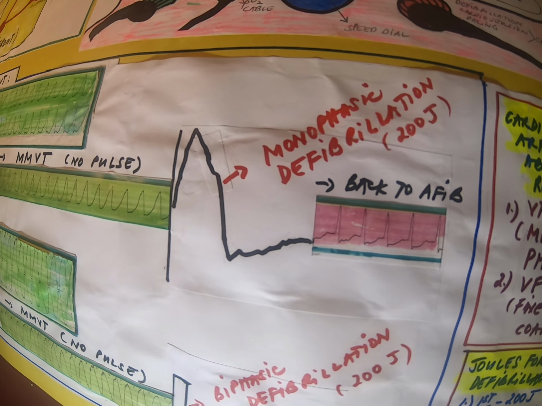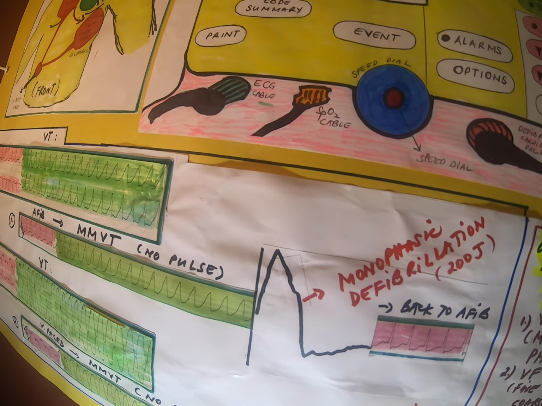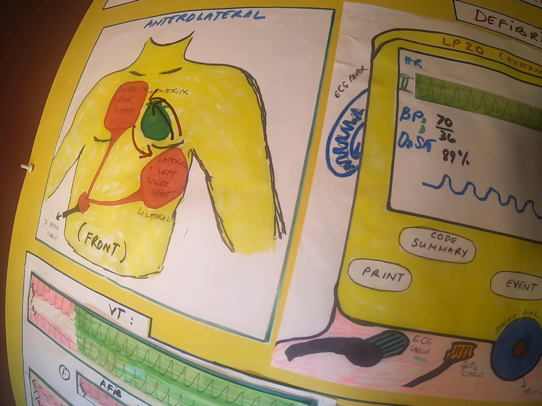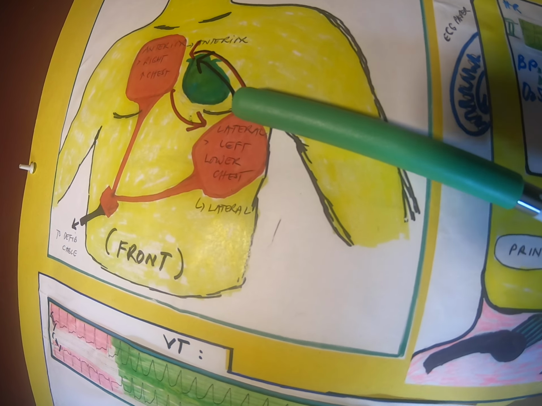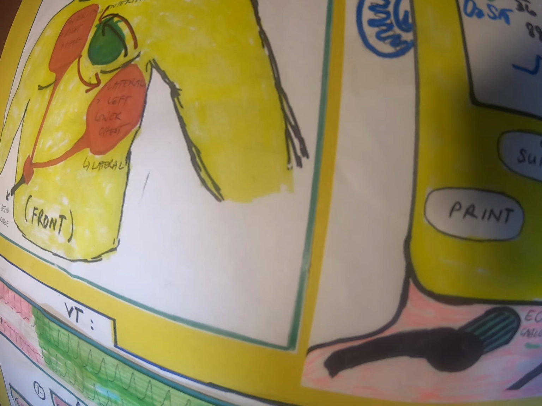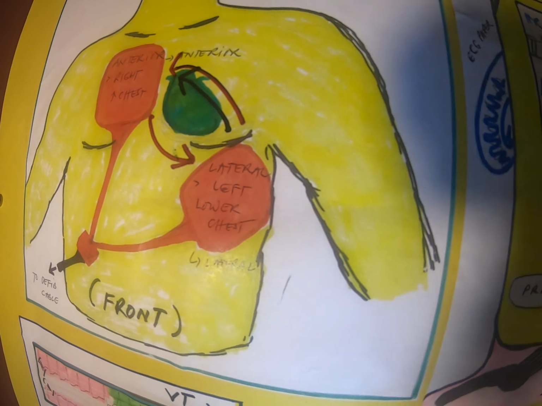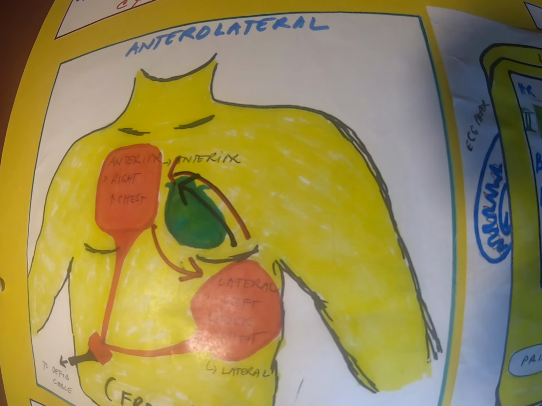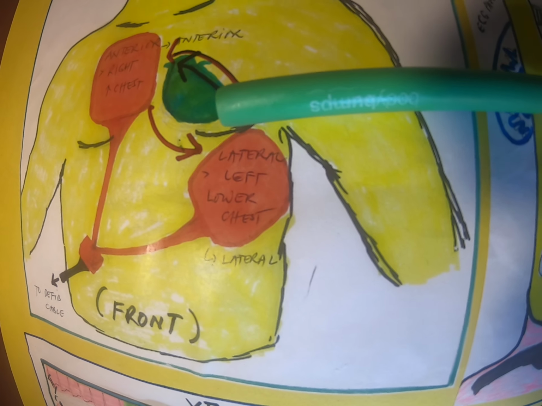Monophasic defibrillation means the flow of electrical shock to the heart muscle is one direction. So we have only one direction here, if you see this. I will show you closer. There is one direction in here.